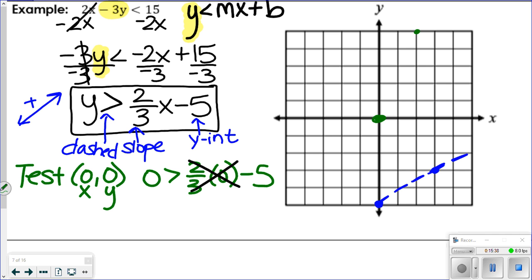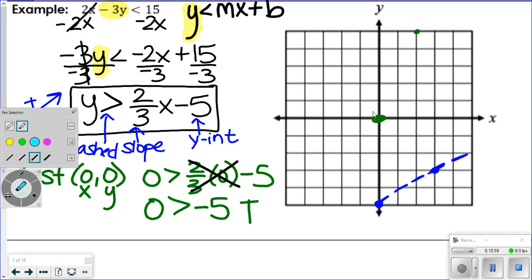Anything times 0 is 0, so those cancel. 0 is greater than negative 5. Is 0 bigger than a negative number? Yes, that's a true statement. So what that means is 0, 0 is a solution or an answer, so we're shading to include 0, 0.